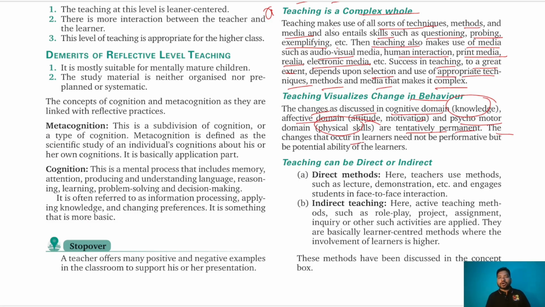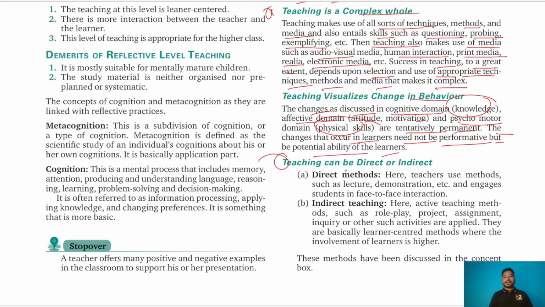The change that occurs in the learner need not be performative, but it is a potential ability of the learner. Do you know that behavior can be changed? The student has the cognitive domain, knowledge; the affective domain, attitude and motivation; and the psychomotor domain, physical skill. There is no need for it to be performative. Only the potential ability of the learner should be extracted, right?